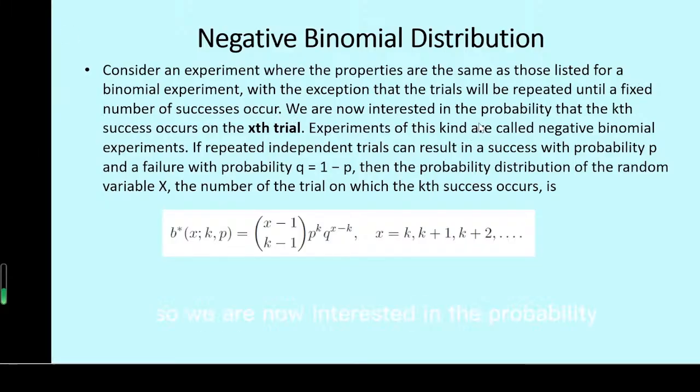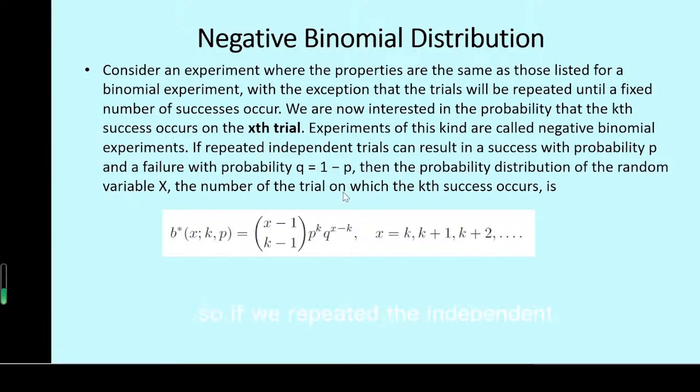So we are not interested in the probability of k successes occurring in x trials, but in the kth success occurring on the xth trial. Experiments of this kind are called negative binomial experiments.